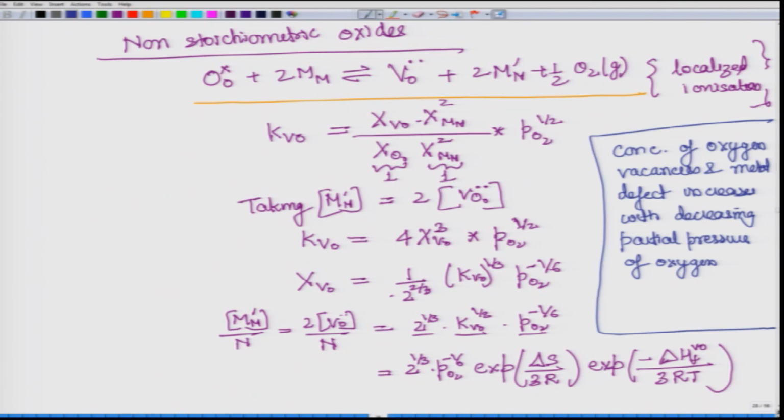And for writing that defect as a reaction, this is the reaction, and for that we get the concentration of oxygen vacancy, and we also get the concentration of MM prime, basically where the electrons are localized. So, here we had assumed localized ionization.